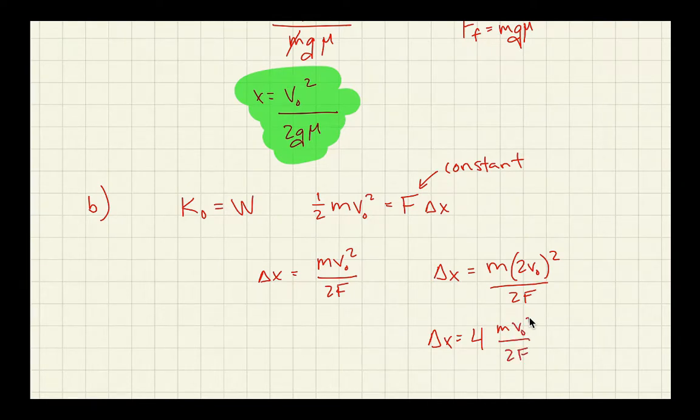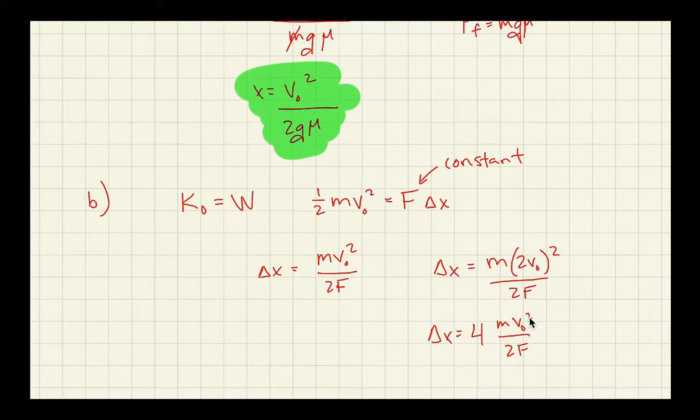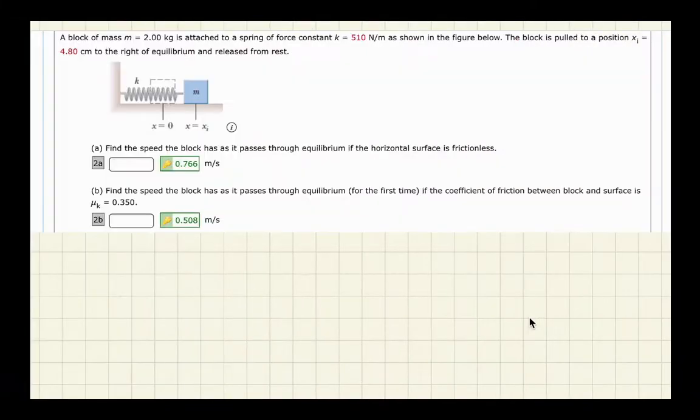In other words, delta x is going to be 4 times the original value. Delta x new equals 4 times delta x original. So again, because velocity is squared in kinetic energy, doubling the velocity will actually quadruple the displacement when force stays constant.